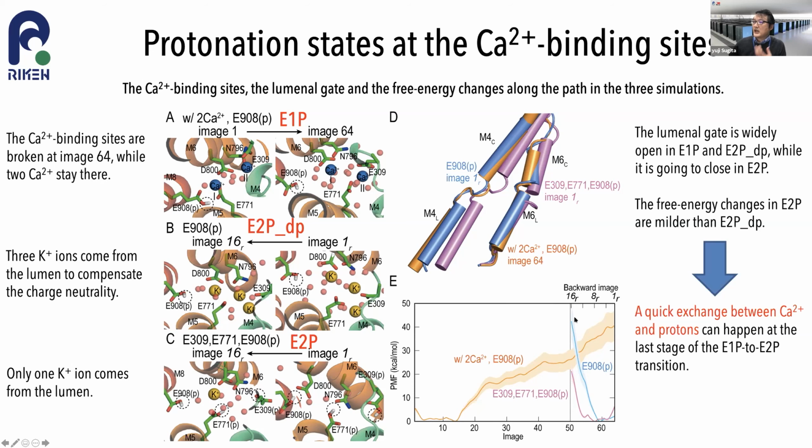But if we add more protons in the E2P state, it becomes much more stable. This means that with the calcium ion, this is the stable basin, and upon the conformational change it becomes unstable, but probably calcium and proton exchange happens, and it goes back to another stable structure. That is what we learned from these extensive simulations.